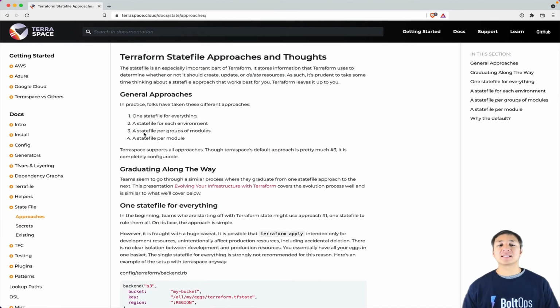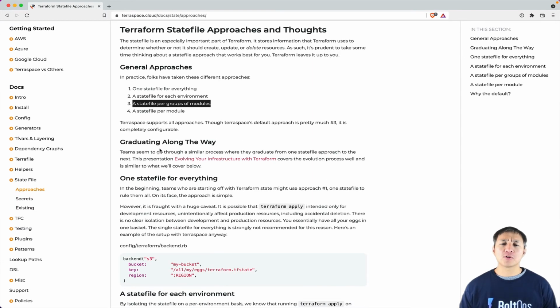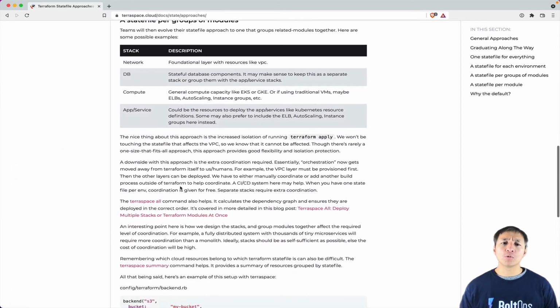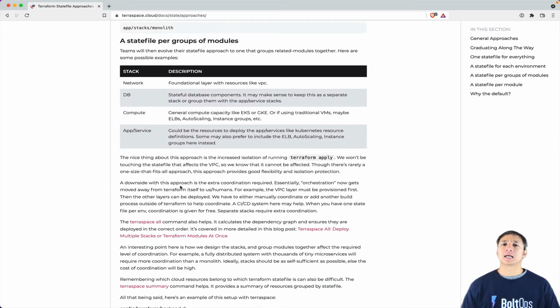There's only a distinction between 3 and 4 in Terraspace land, because Terraspace makes a distinction between modules and stacks. Stacks are meant to be deployed, and modules themselves are just reusable functions, or reusable internal modules, really. But anyway, 3 and 4 are essentially the same, where you use a state file for a group of modules that logically make sense to deploy together, or essentially a stack.